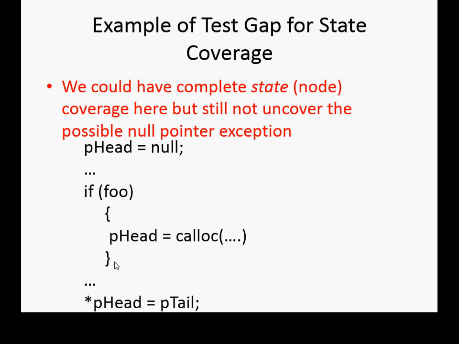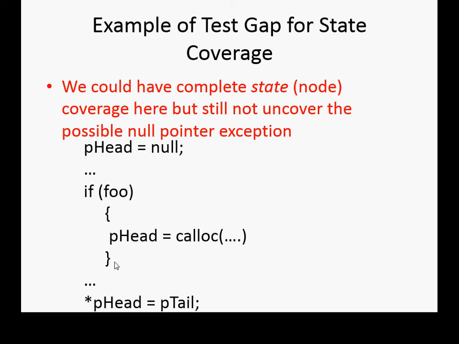If we did transition coverage, we would need to do what? That would be stronger. I said state-based coverage you could achieve without finding this bug. How about transition coverage? Yeah, you would need to transition the false version.